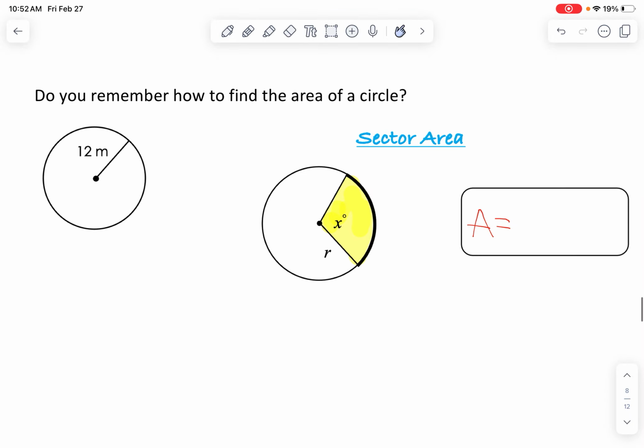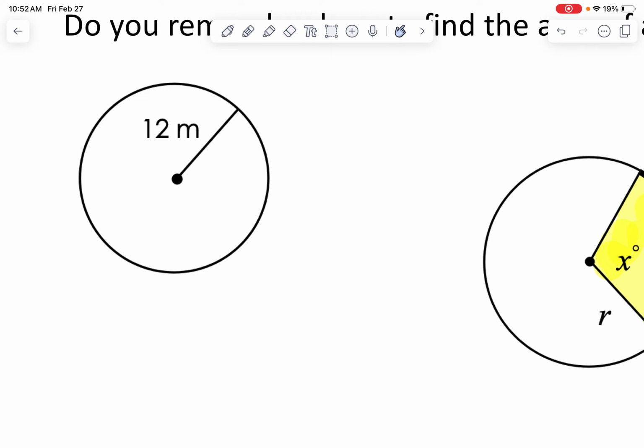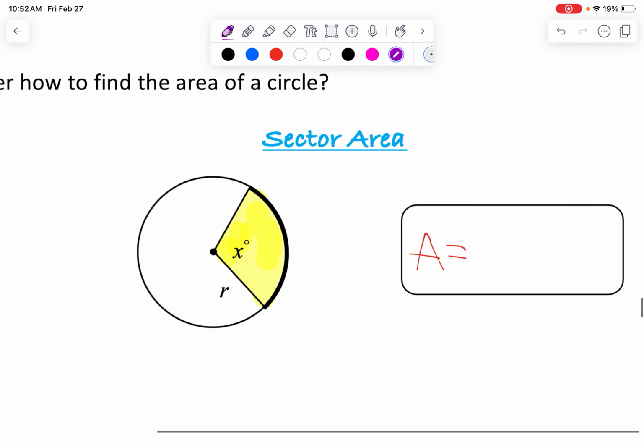All right, so then the other thing is an area of a circle. Do you remember that? Same kind of circle here from before. Area of a circle is pi r squared. So in this case, you'd go pi times 12 squared, so pi times 144 and whatever that is. Well, sector area does the same thing.